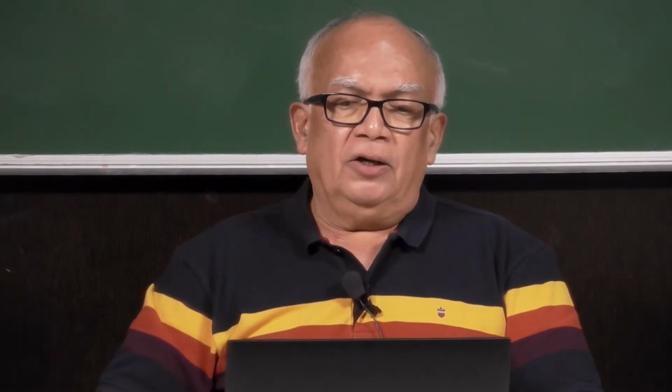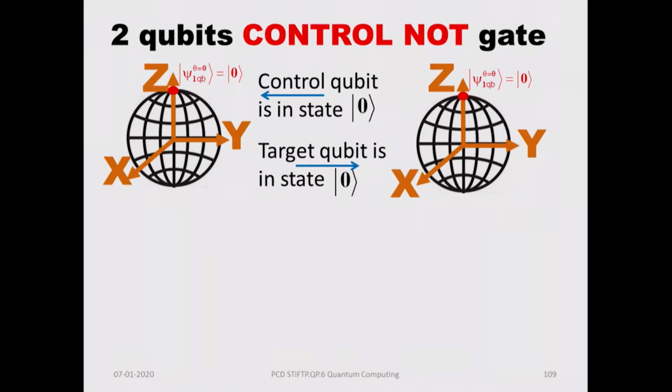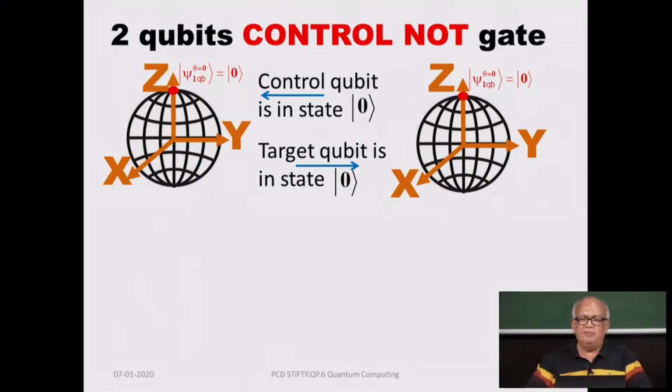Okay. So, let us see how this operation goes. You have the control qubit on the left, that is the Bloch sphere on the left side of this figure. The target qubit is the Bloch sphere on the right hand side, and in this picture both the control and the target qubits are in the state 0.